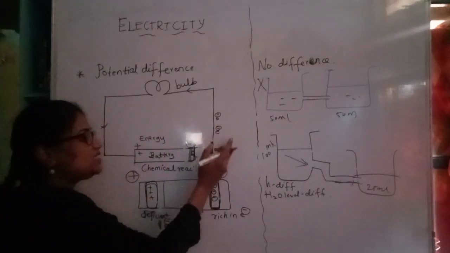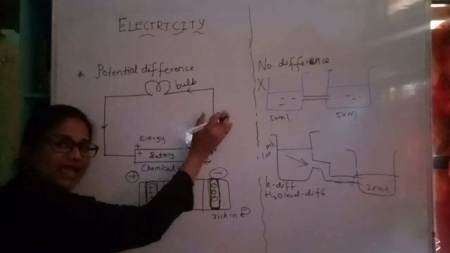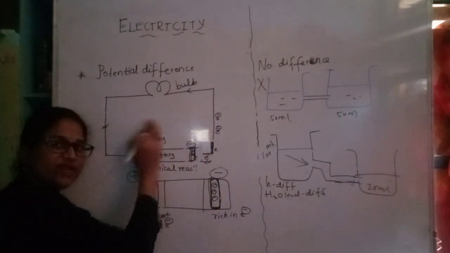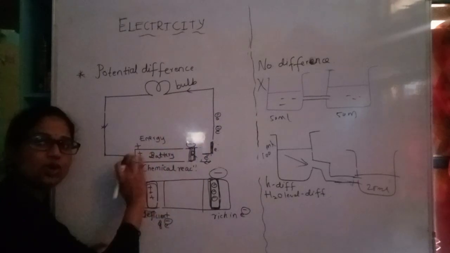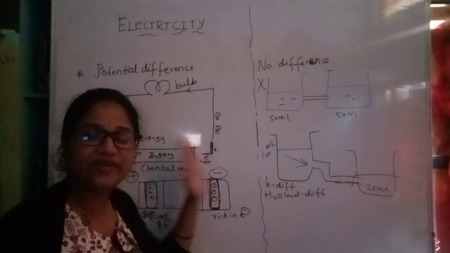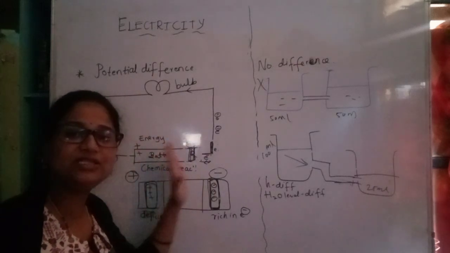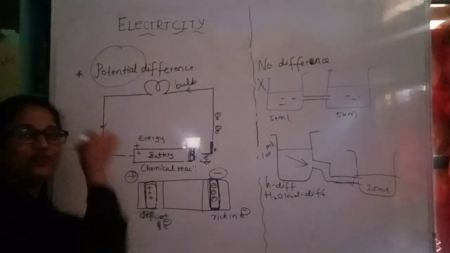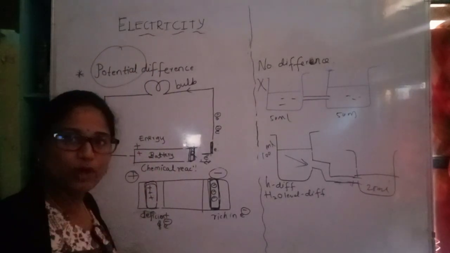So there will be a charge difference between this end and this end. I repeat, this electric charge difference between these two terminals of a battery is nothing but the potential difference. Did you get my point?